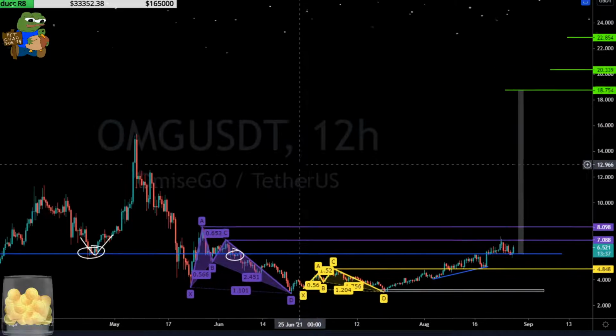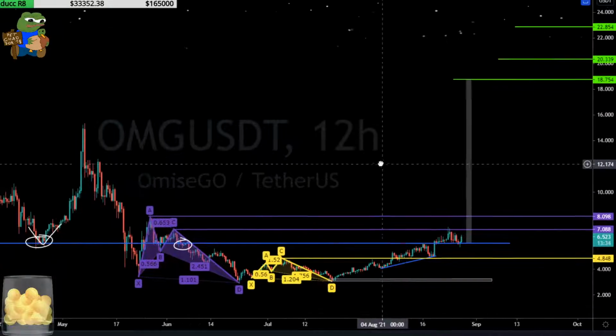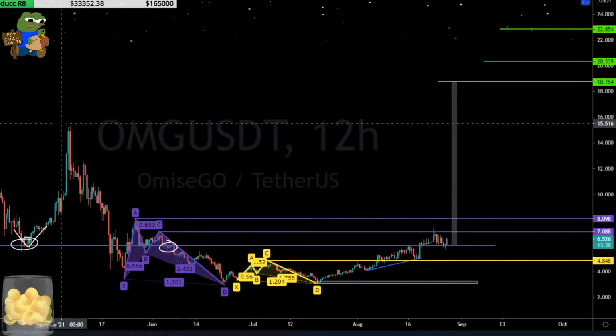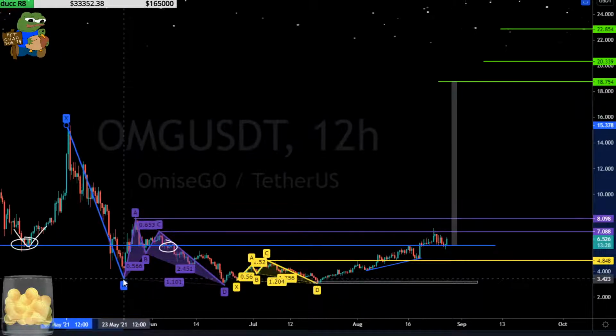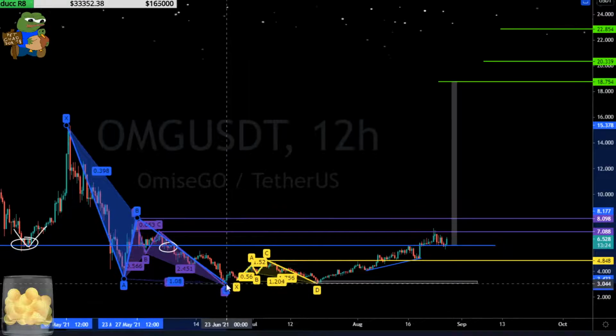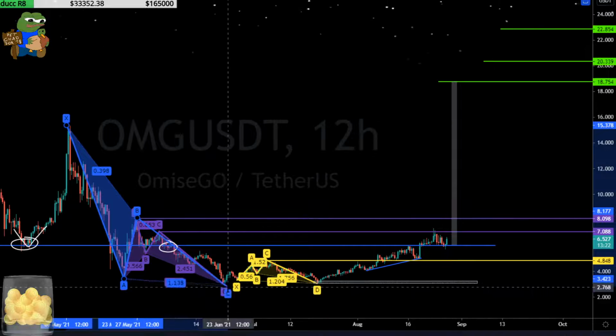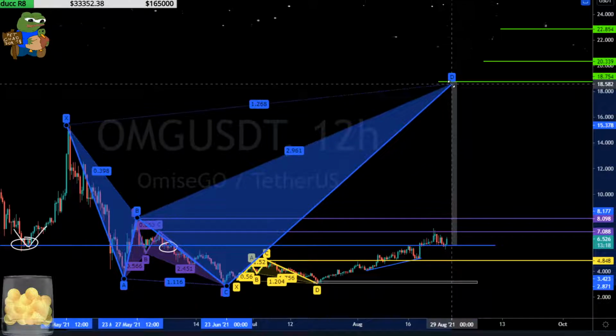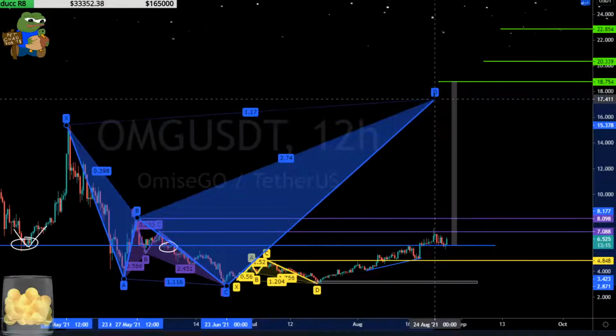We would also have a little bit of that same kind of shark-esque pattern. Let's see, it might be too low. No, it's not bad. 0.886, 1.13. So that 1.13 is up here.